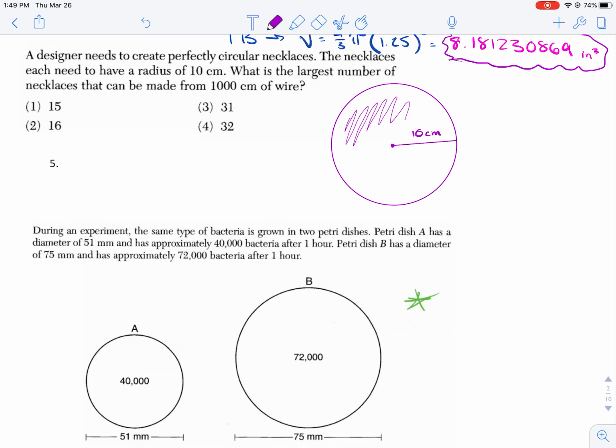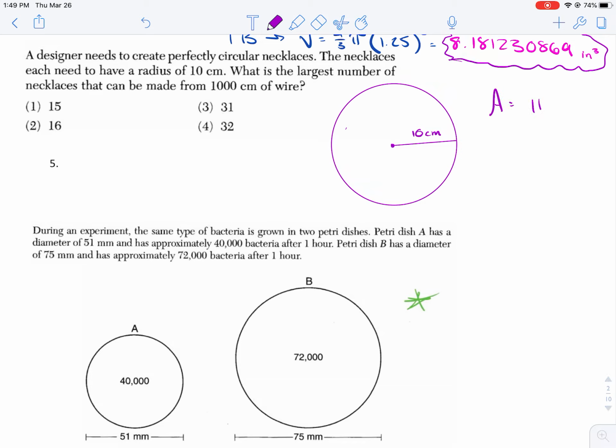We're trying to find the circumference. We want to know the distance around this necklace here. What is its measure? How much wire does this designer need? So that's what we're looking for.